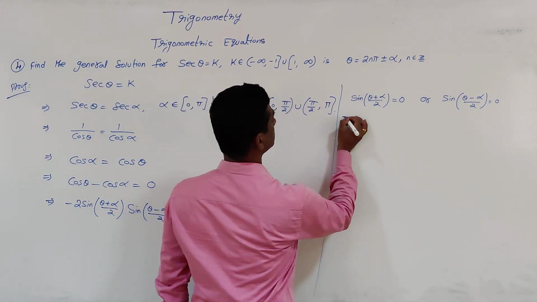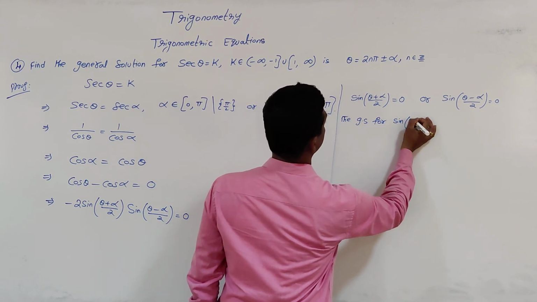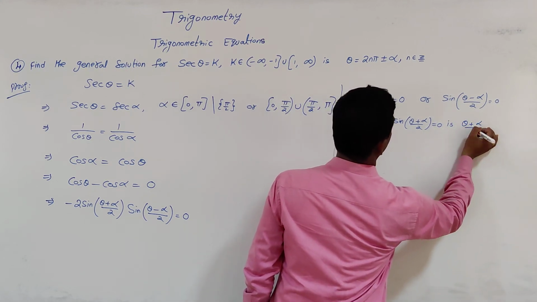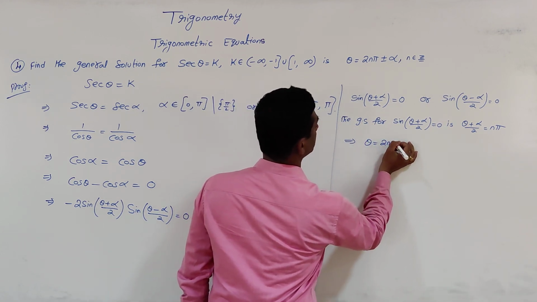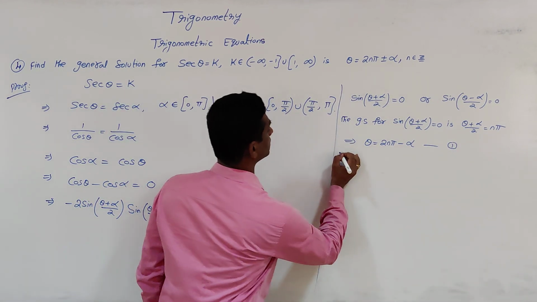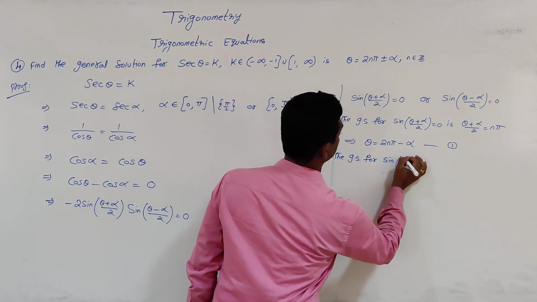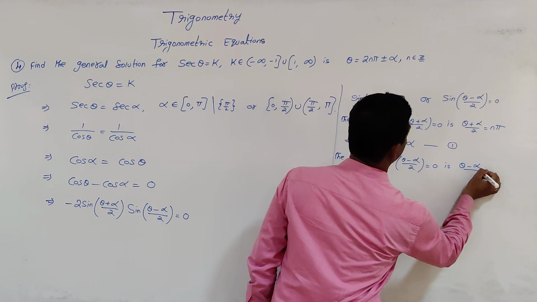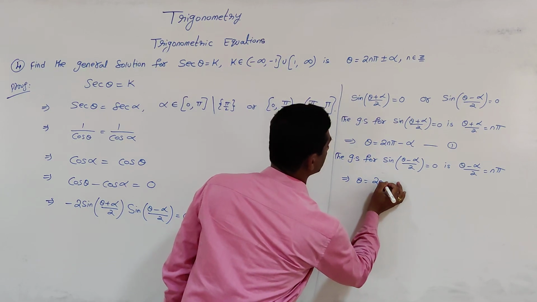So directly we can have the general solution for sin of (theta plus alpha) by 2 is equal to 0: theta plus alpha by 2 is equal to n pi, which implies theta is 2n pi minus alpha. First one. Or the general solution for sin of (theta minus alpha) by 2 is equal to 0 is theta minus alpha by 2 is equal to n pi, or theta is 2n pi plus alpha.